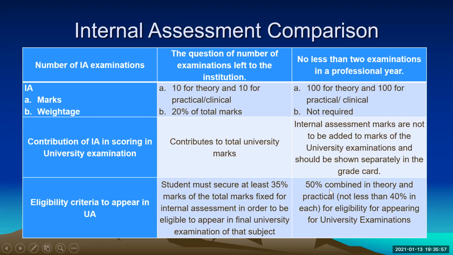But now the change is that the student should get 50% combined in theory and practical, but not less than 40% in each. Here it was 35% combined, here it is 50% combined, but separately also he should have more than 40% for eligibility to appear in the university exam. Though these marks will not be counted in his scorecard, they are required to make him eligible for the university examination.